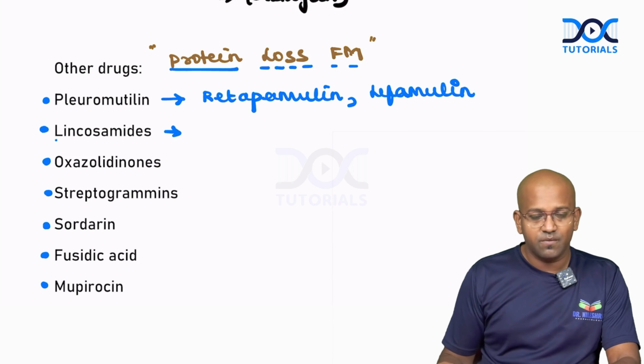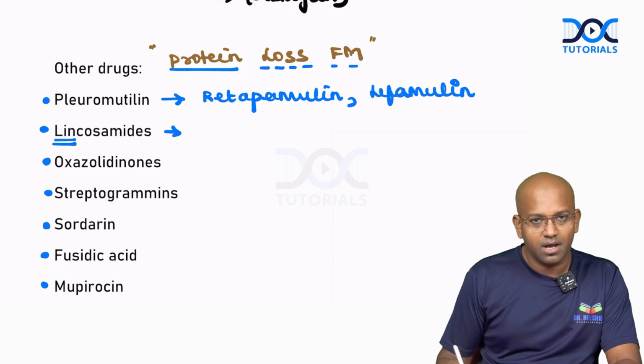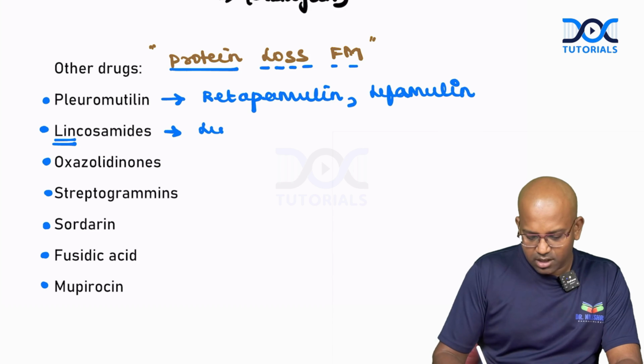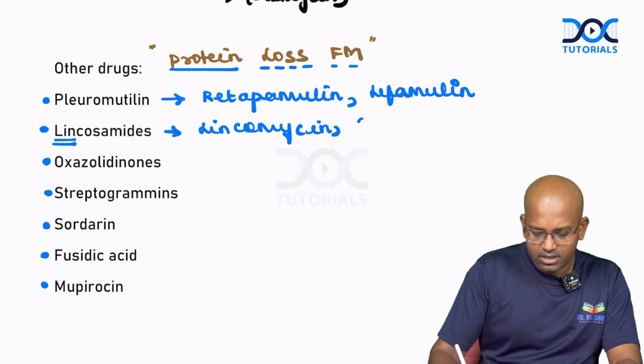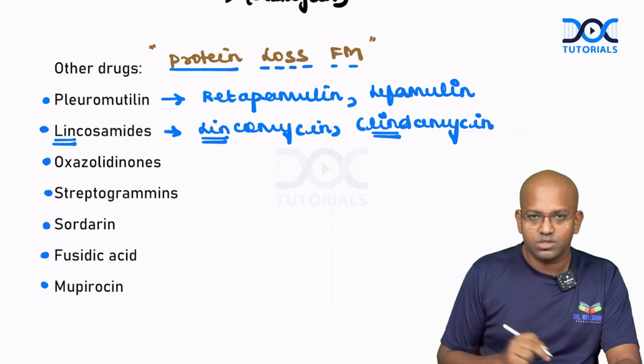Lincosamides also will be ending with mycin, but here the drug name will be having lin in its name, which means we have lincomycin and clindamycin. Lincomycin and clindamycin, these are your lincosamide agents.